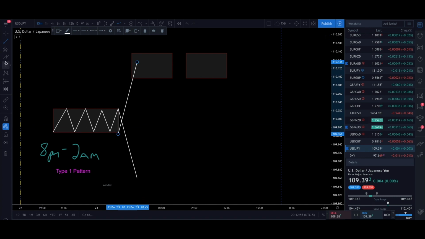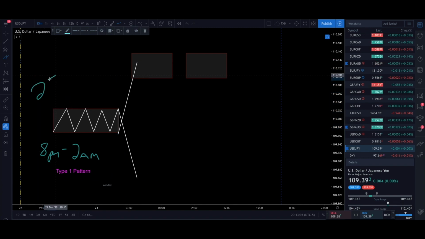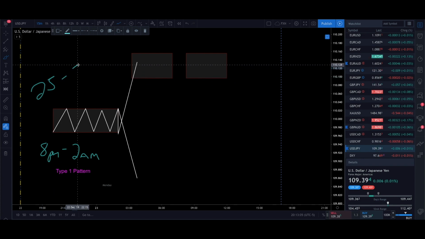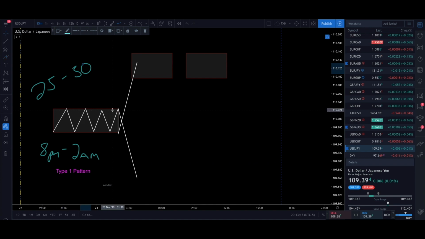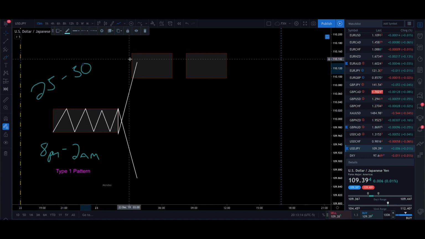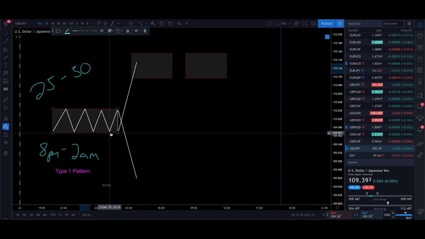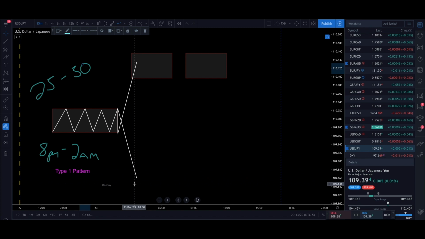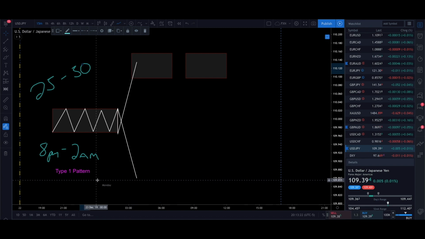Now, the distance from the bottom of the box to where price stops could be anywhere from 25 to 50 pips. The distance from the top of the box to where it stops could also be anywhere from 25 to 50 pips.